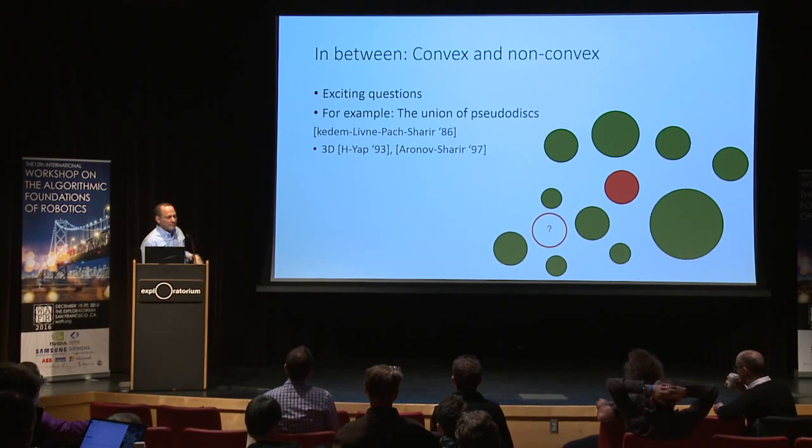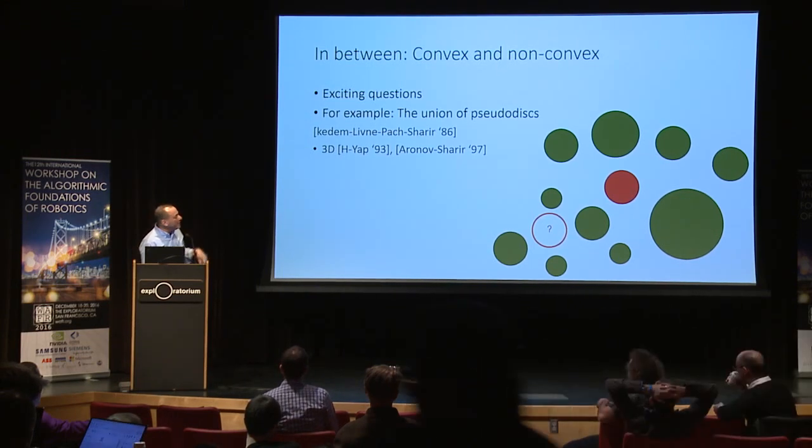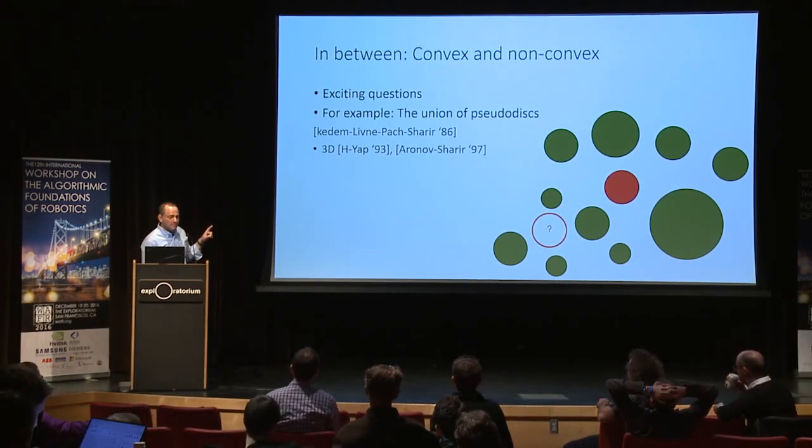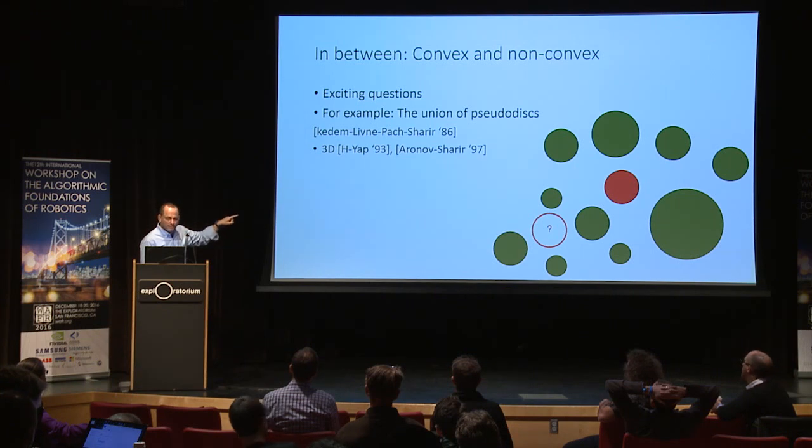Suppose we have n green disks. If these were triangles, although you have n triangles to start with, if they are intersecting, the complexity of the free space or of the C obstacle is n squared. But because these are disks, you can show that the complexity is only linear in the number of disks.